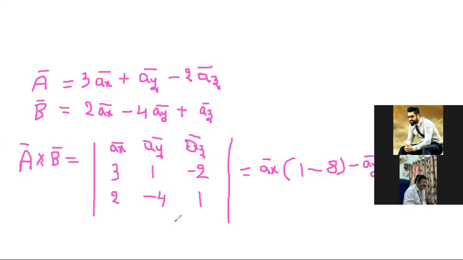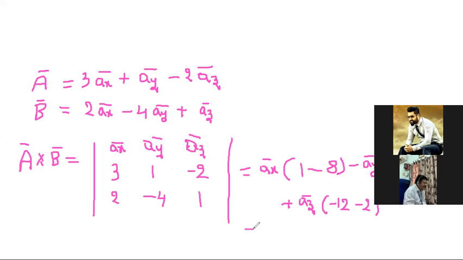Then next, plus Az into the determinant of this 2 by 2 matrix, that is 3 into 4, 12, minus 2 into 1, 2, which gives -2.